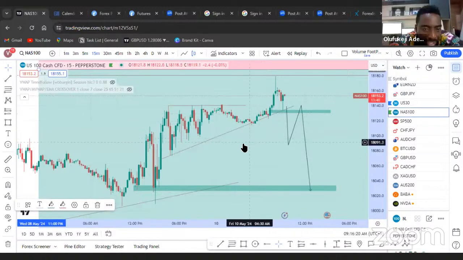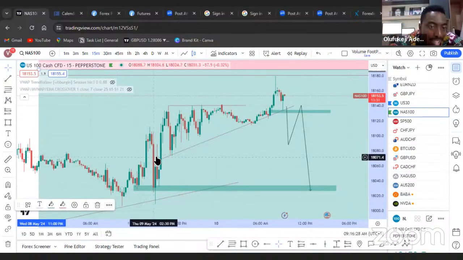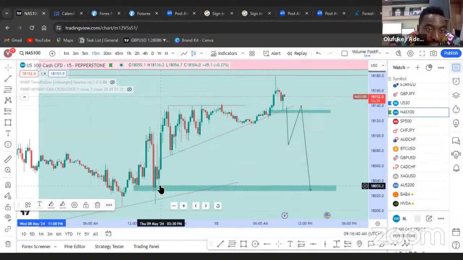That's an IOFED, where you have two opposite color fair value gaps side by side. Exactly like that. So that's the fair value gap green to the upside, then the fair value gap red to the downside. You see how price, when it got back to that other block, it tapped into it and came back down. So that's an IOFED.